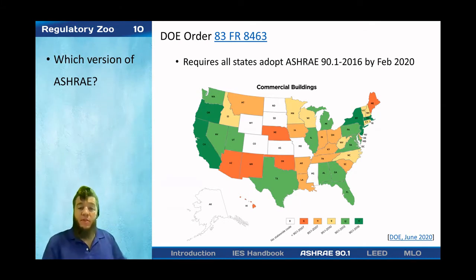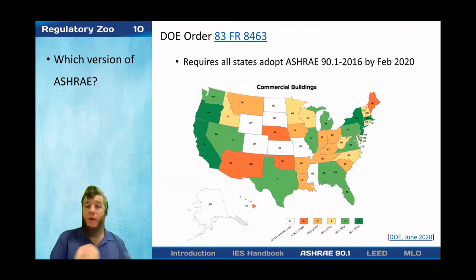We have some states, those dark green states, that have currently adopted ASHRAE 2016 or better. However, that is the vast minority. And so for the rest of the country, we're left with a rather complex landscape of differing regulations and differing levels of regulation.